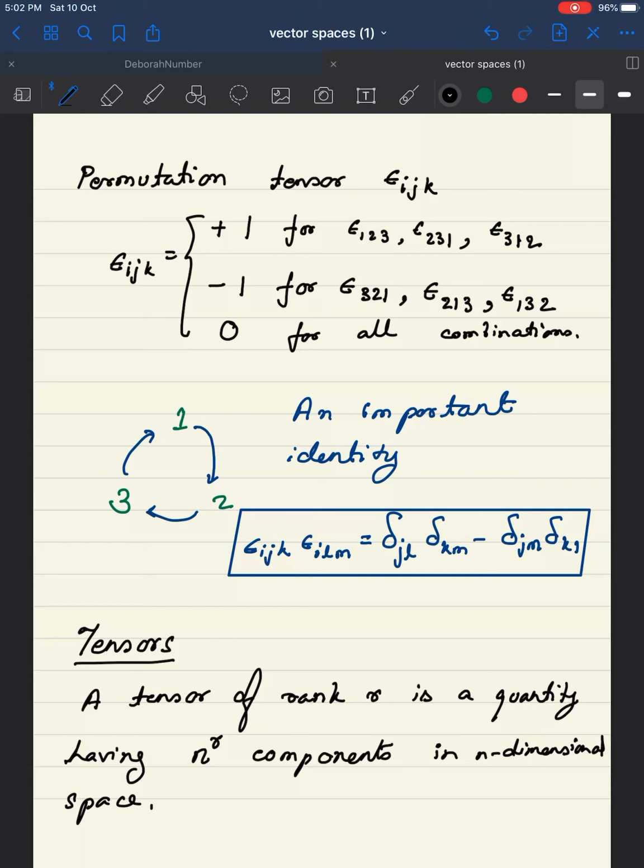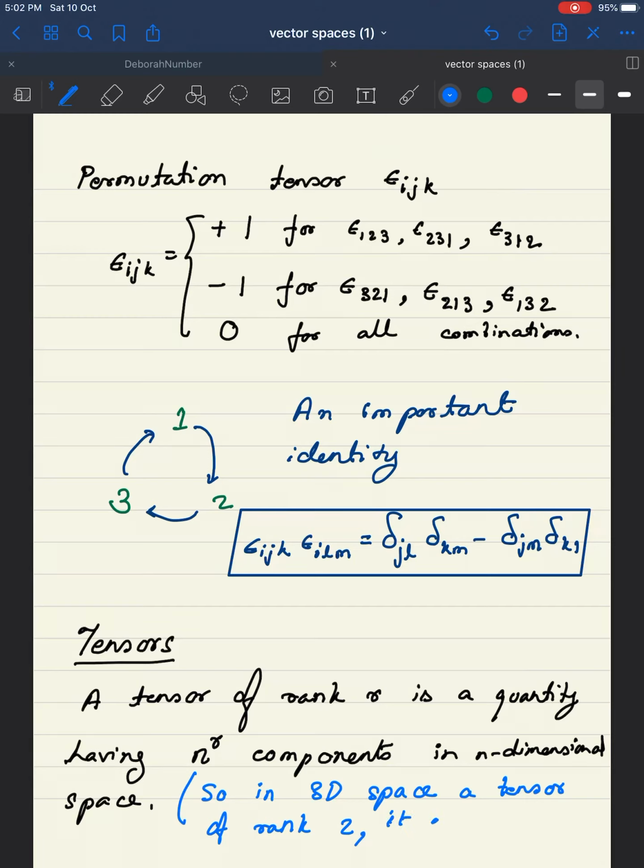So, you started off with an n dimensional space, and tensors defined in that will have n to the power r components. So, if you are working in 3D space, which is where we are going to be working, if you have a tensor of rank 2, then how many components will it have? 3 to the power 2, right?